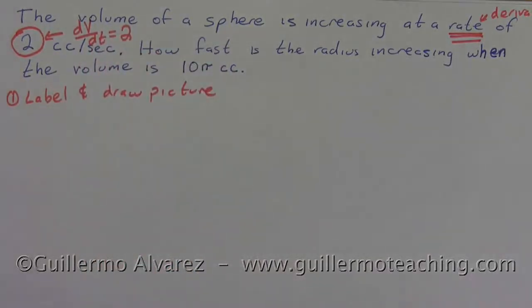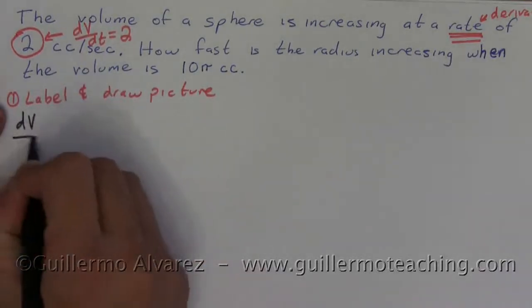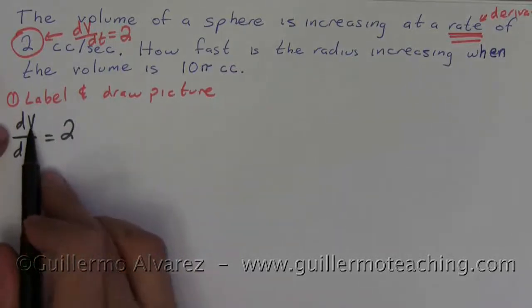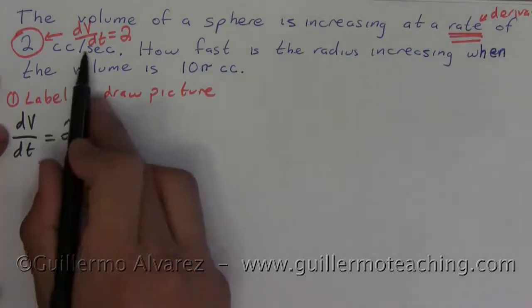So this is my first piece of information. The derivative of the volume with respect to time is equal to 2. This is telling me that the volume is increasing at a rate of 2 cubic centimeters per second.